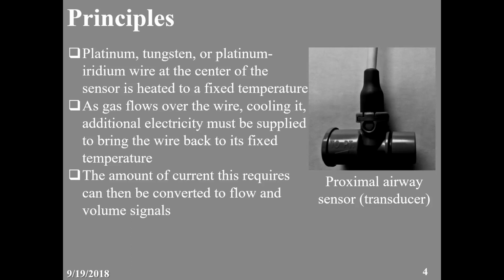So flow, cooling, temperature, heating, and then the amount of the current that is needed to return the sensor to its original temperature can be measured, and we can convert it to flow. And once we measure the flow over time, we get the volume, and once we measure the speed of the flow, we get the pressure. Any question about this?